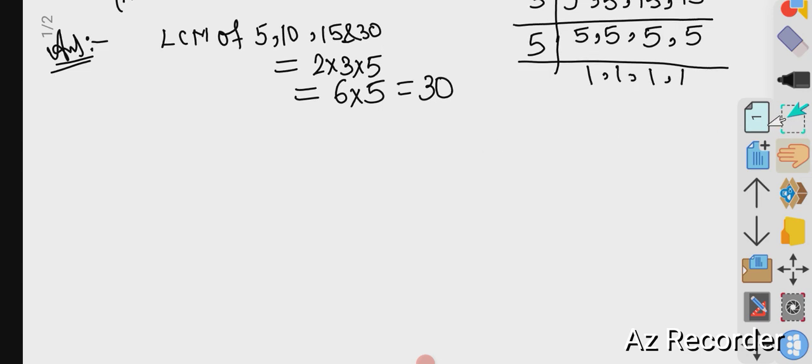Now what we have to do, we have got the LCM, which is 30. I have told you that in order to compare rational numbers, you have to make the denominators of all the given rational numbers, which you intend to arrange in ascending or descending order, the same.